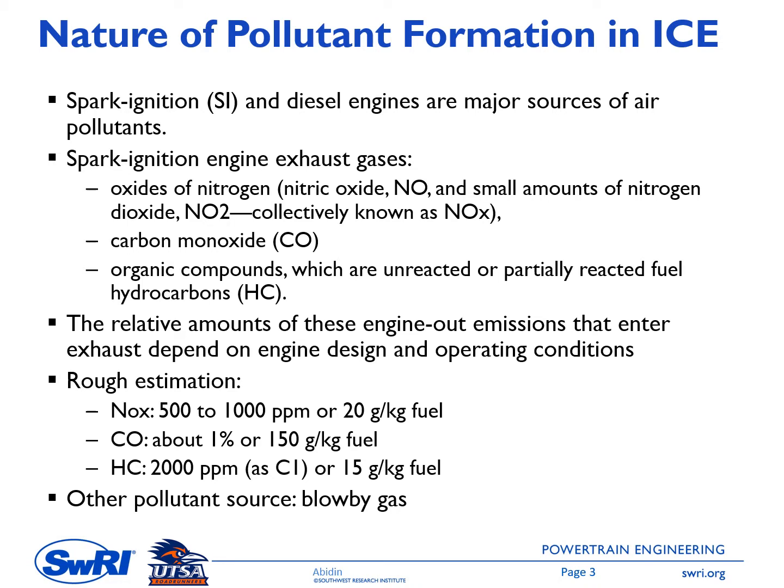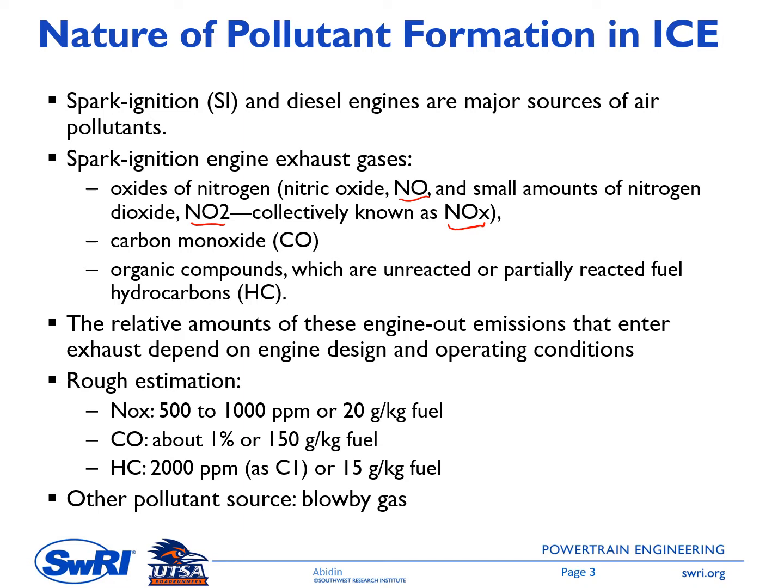The first one is oxides of nitrogen. This consists of nitric oxide, NO, and NO2, so nitrogen dioxide. Both species are collectively known as NOx. Okay, so this NOx is the sum of NO and NO2. In spark ignition engine, the dominant species for this NOx is NO.